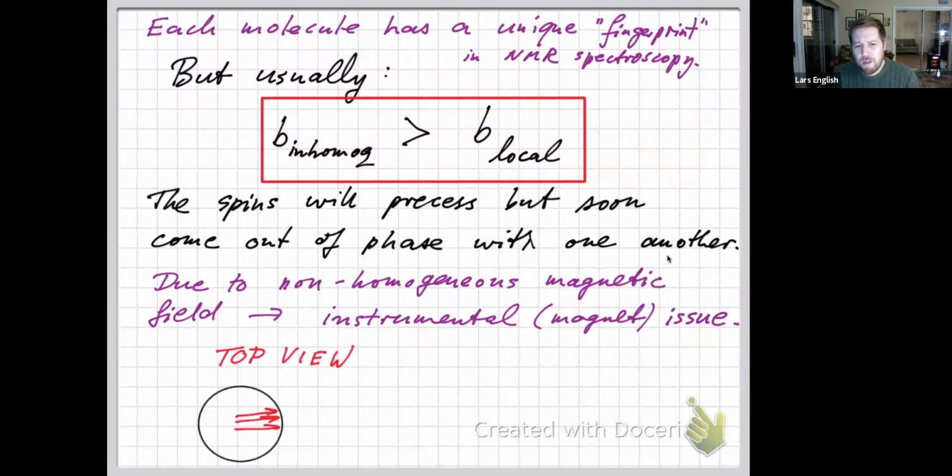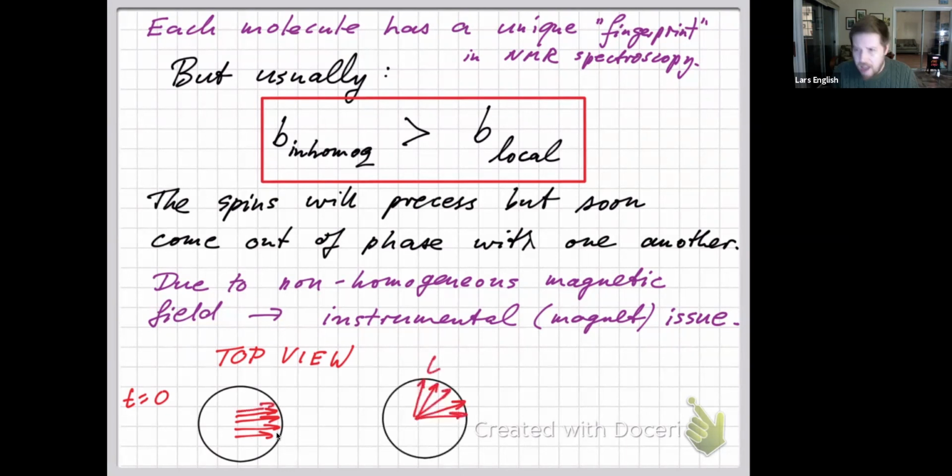Initially all these spins, now I'm superimposing them all, but these would all be spins at different spatial locations within the sample, right? I'm just putting them all together here. They start out in the XY plane, completely in phase.